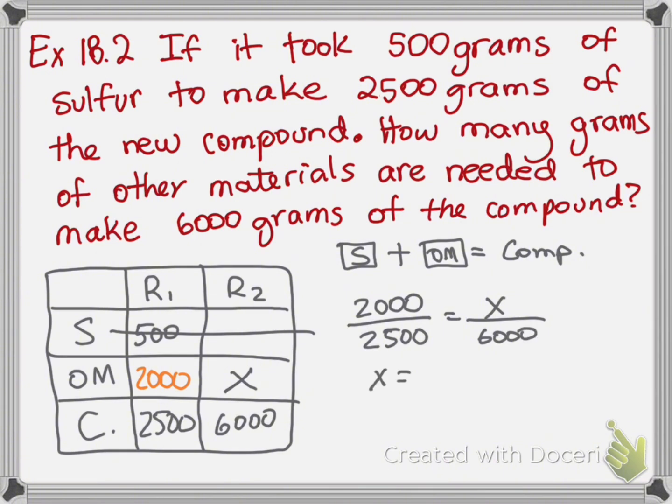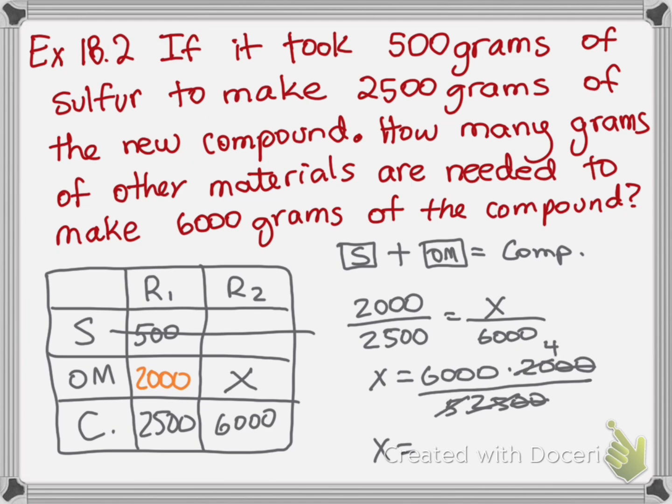When we cross multiply, we get 6,000 times 2,000 over 2,500. And if we divide that, we could cancel zeros here because we divide by 100, both on the top and the bottom. Then we can divide by 5, which would be 5 and 4 on the top.